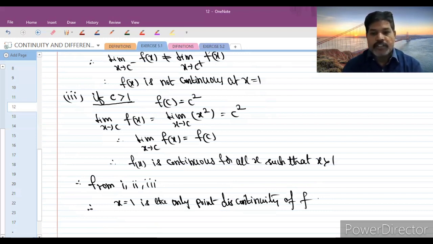Only one point, that point is nothing but x is equal to 1. At x is equal to 1, it is the only point of discontinuity of the given function.